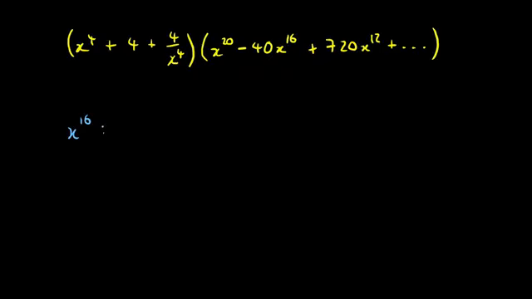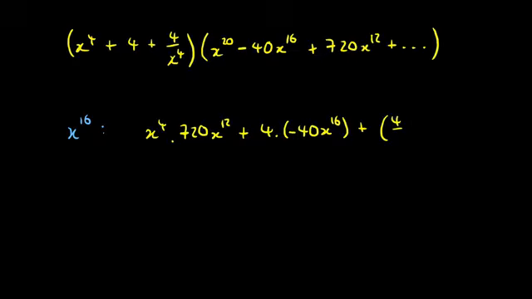So we're going to write out x to the 4 times 720 x to the power of 12 plus 4 times minus 40 x to the power of 16 plus 4 upon x to the 4 times x to the power of 20.